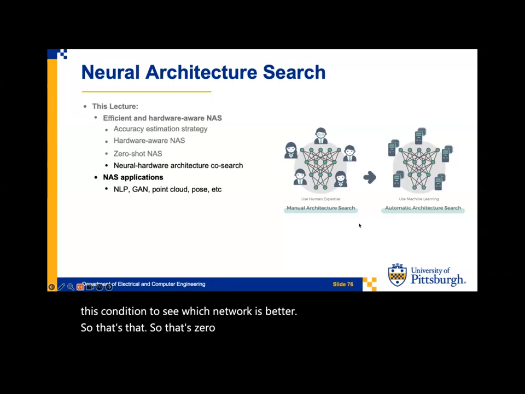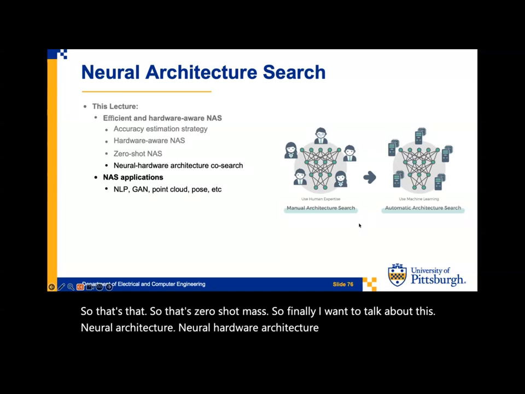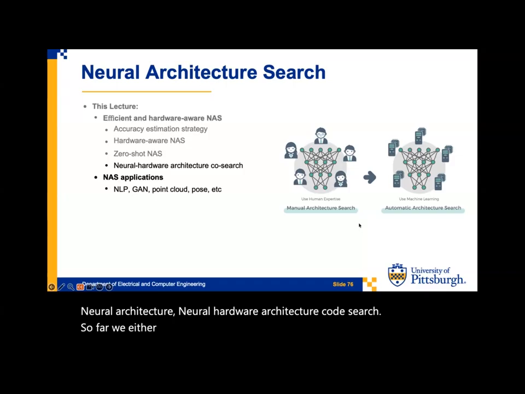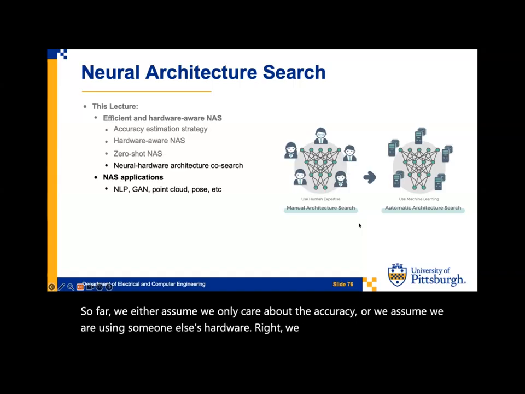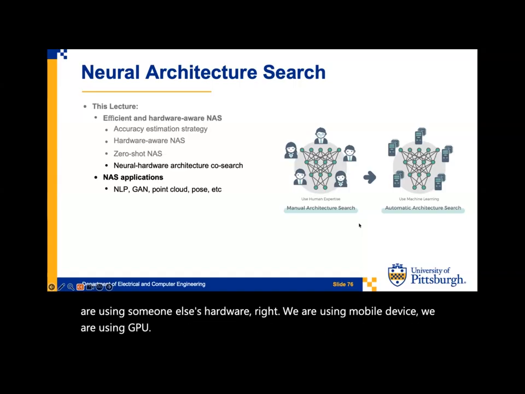So finally, I want to talk about neural hardware architecture co-search. So far, we either assume we only care about the accuracy, or we assume we are using someone else's hardware, right? We are using a mobile device, a GPU, a CPU, a Raspberry Pi.